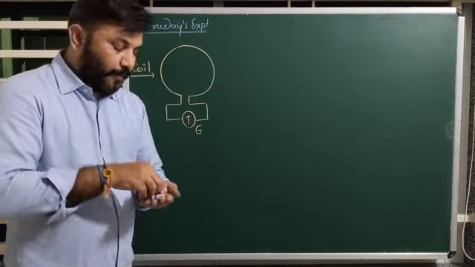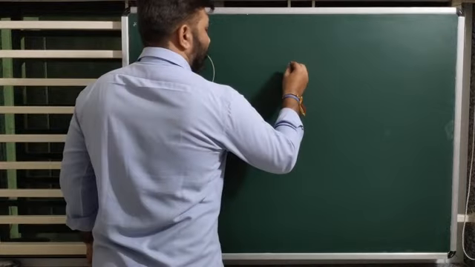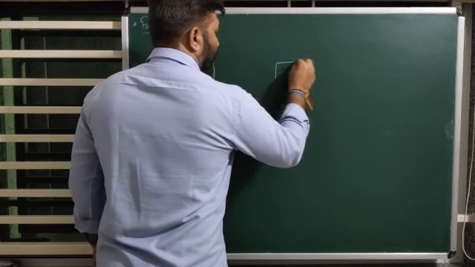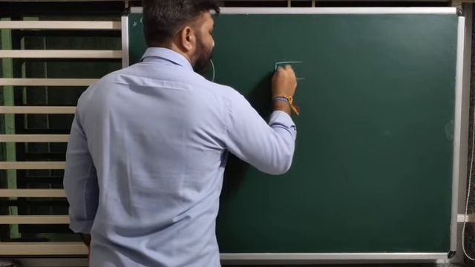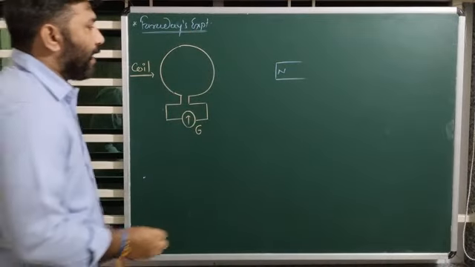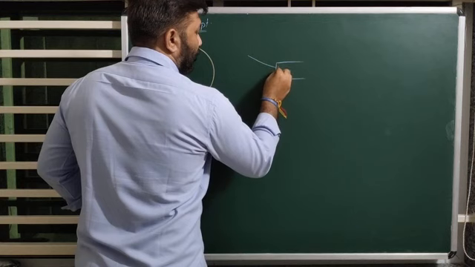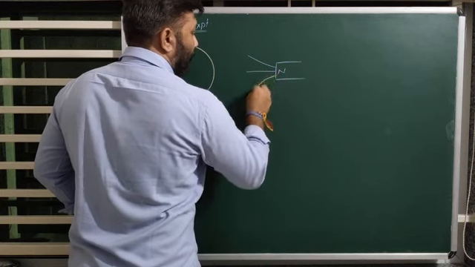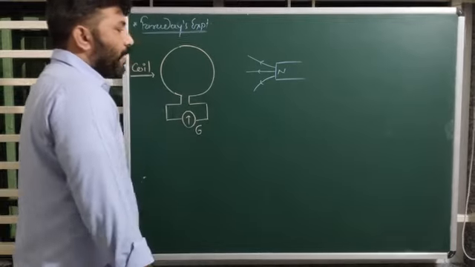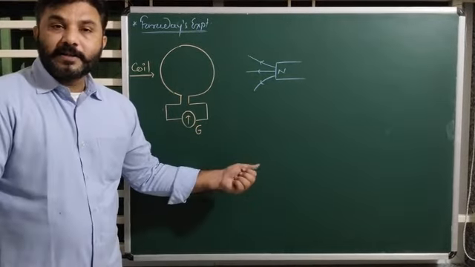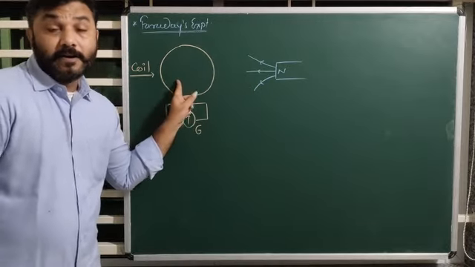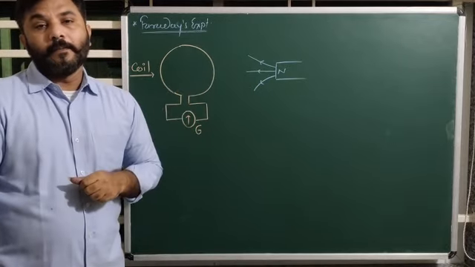Now, take a bar magnet whose north pole is towards the coil. Magnetic field lines are coming out from that north pole. So, initially, the magnetic field lines are not linked with a coil.